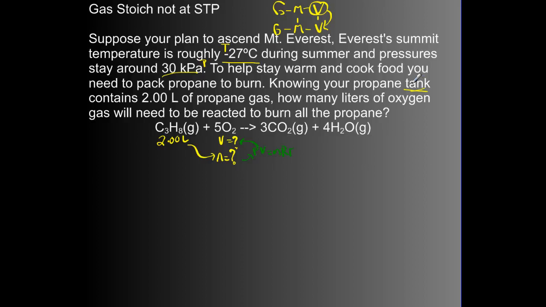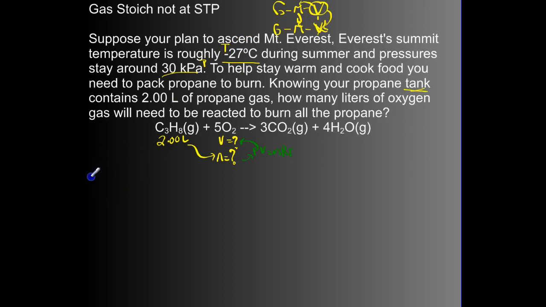I know that I can go from volume to moles and then moles to moles, but I just can't go right to volume, because the moles of my oxygen gas are going to have a different volume based on the outside conditions. I hope that makes some sense and explains why we're doing it this way.